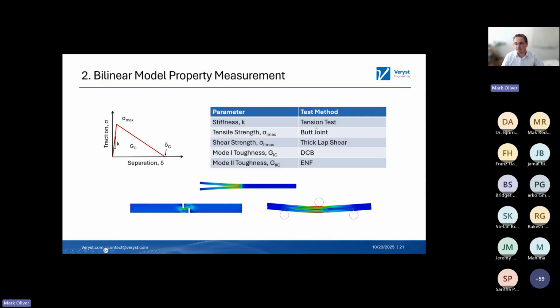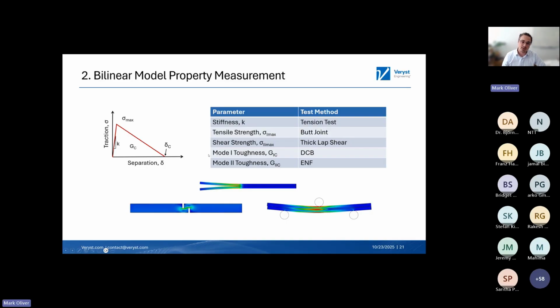And so you can do basically five tests, right? You can do a tension test on the material, a butt joint test, and a thick lap shear test to get some measure of the tensile strength and the shear strength. And then you can measure the fracture energy. So for mode 1, you can use a double cantilever beam test, and for mode 2, an end-notch flexure or some other mode 2 test.